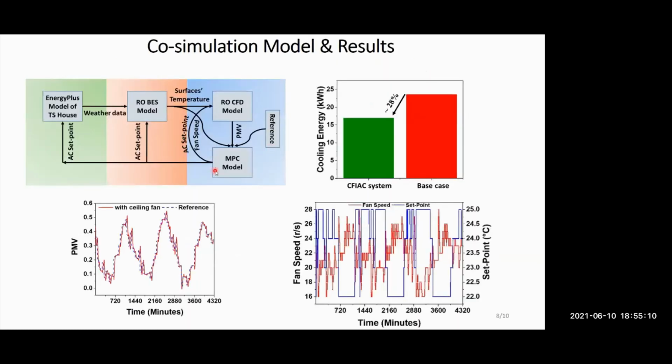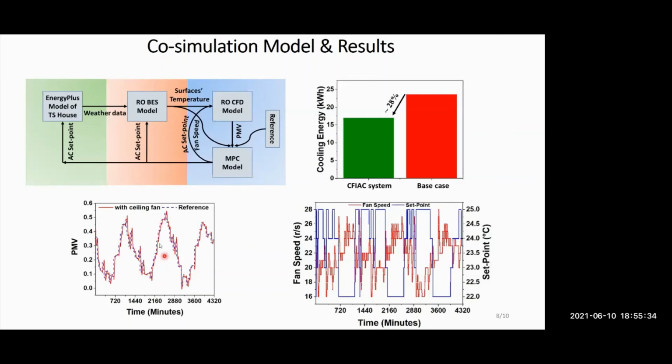So let's see how he has achieved the thermal comfort and also saved some energy. Basically he implemented this AI driven controller where the AC set points and the ceiling fan speed are controlled based on the thermal need of that person. This controller is tracking the thermal comfort of the previous one, that is the guy without ceiling fan.